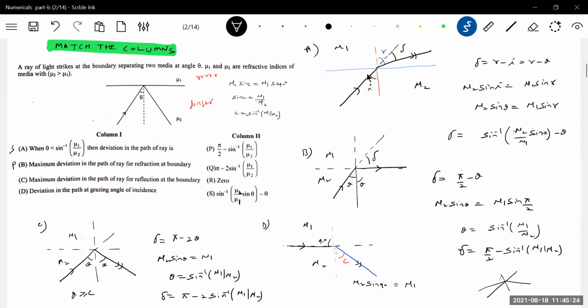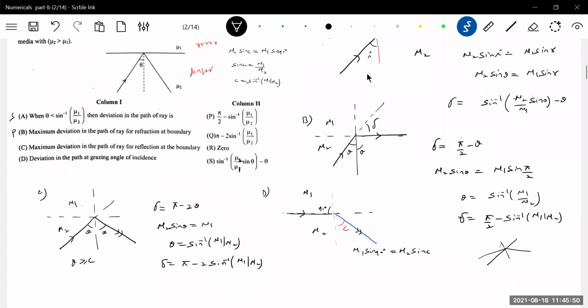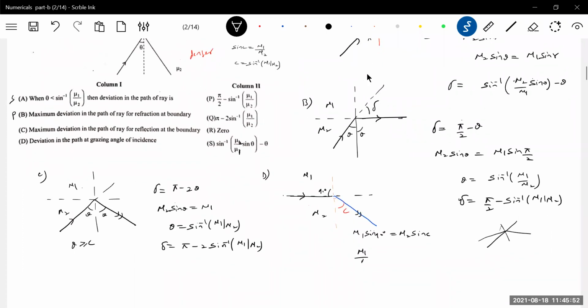Mu1 sin 90 should be equal to mu2 sin C. Now what is the deviation? Deviation should be 90 minus critical angle. Okay, this will be mu1 by mu2.